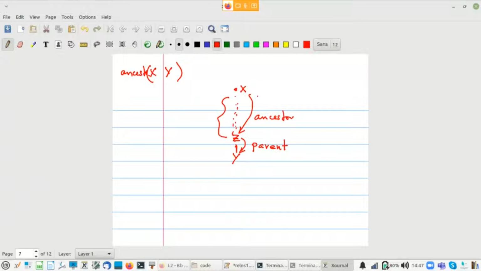So if this is true, then you have ancestor. Of course, note that the other one will also be true.